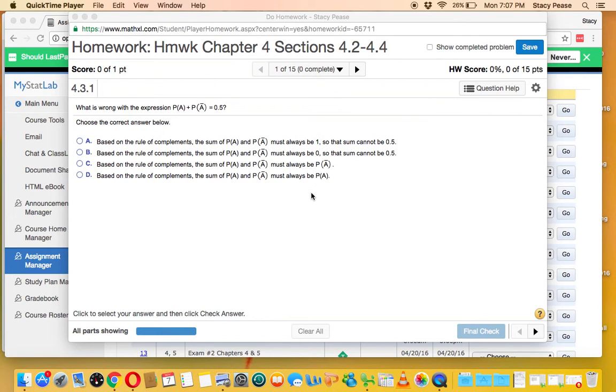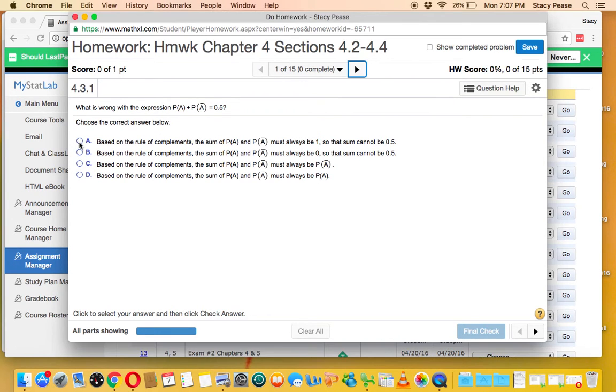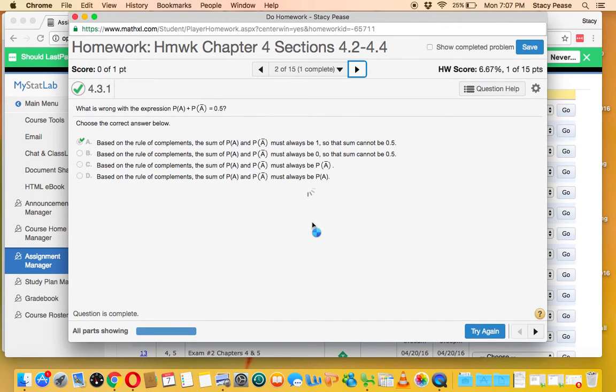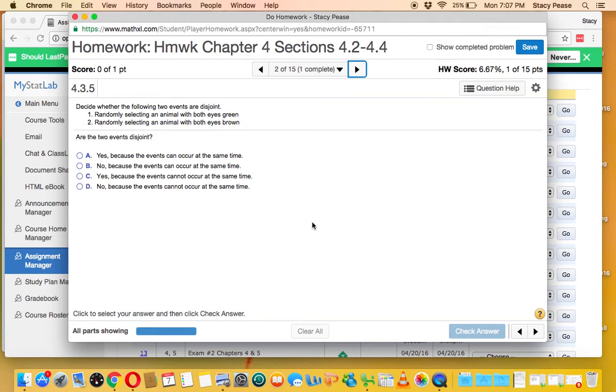And here, these are just not the rule of complements. The sum of the event A plus not A does not equal one or the other. It always equals 1. So the correct answer here is A. So let's go through. Okay. And we'll move on to the next question.